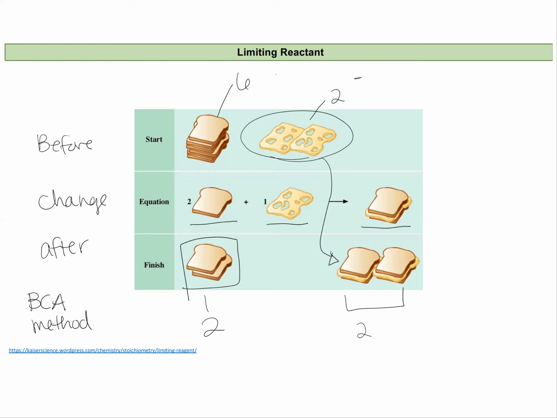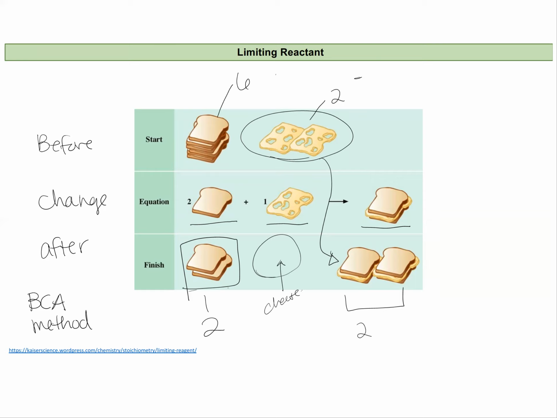But I think this highlights the problem very well, that when you're combining reactants in a chemical equation, especially when you're weighing out things on kind of this macroscopic level, but we're looking at a microscopic reaction, we'll usually have some of one of our reactants left over that have run out of the other component, in this case the cheese, and so can't form products.